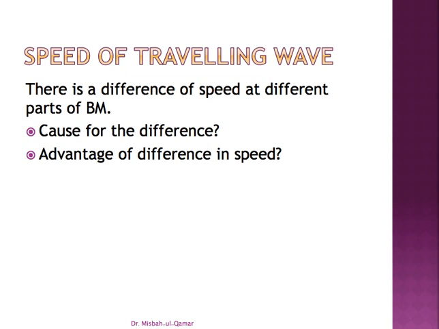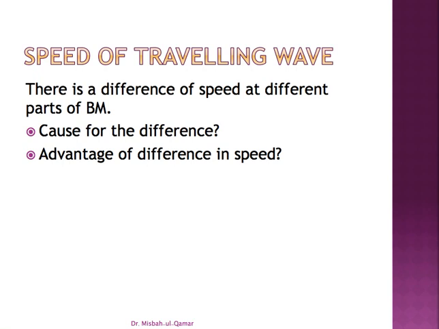Now, this difference is not without advantage. You see, the rapid initial transmission of the wave allows the high frequency sounds to travel far enough into the cochlea to spread out and separate from one another on the basilar membrane.